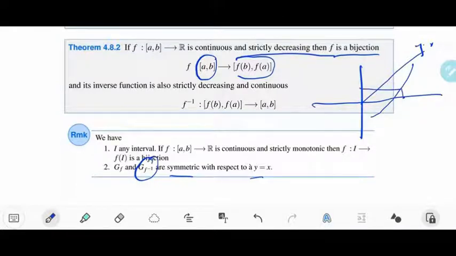So in f minus 1 you will have this point having this image, so it will be symmetric with respect to y equal x, and the function will be like this. Of course, both functions will intersect at y equal x. And so this is how we define the inverse function.